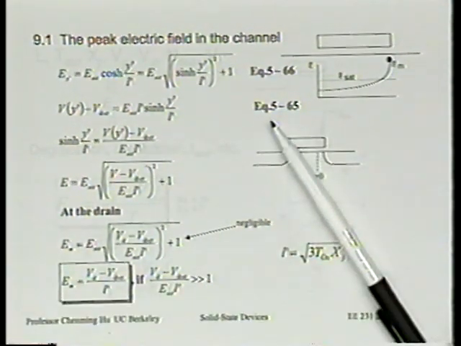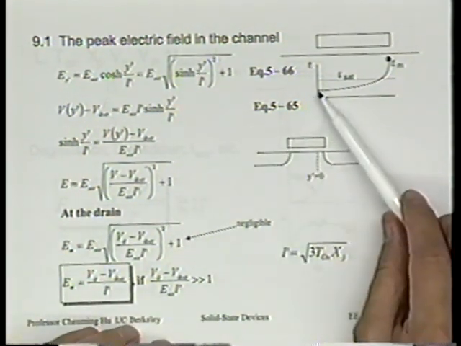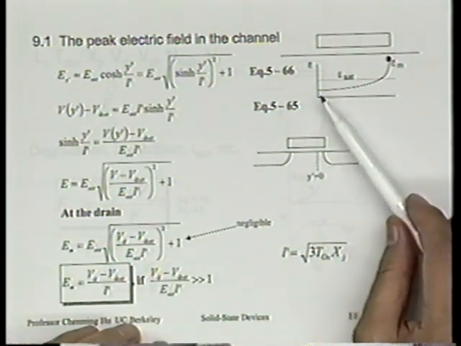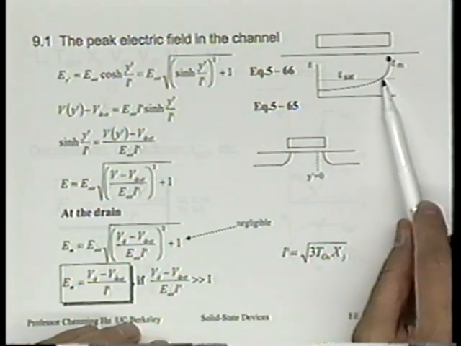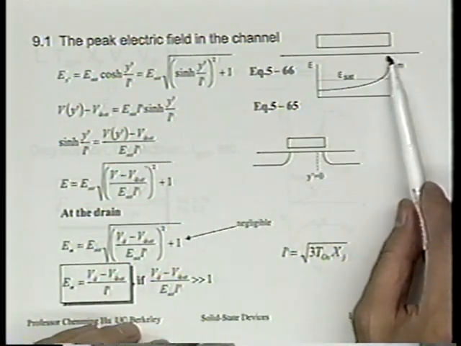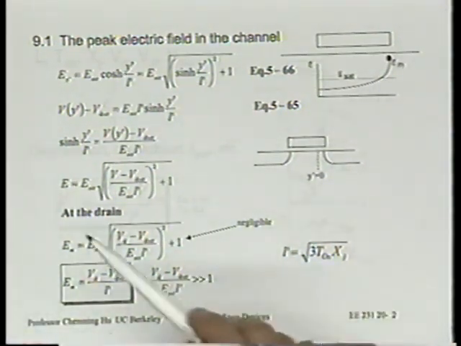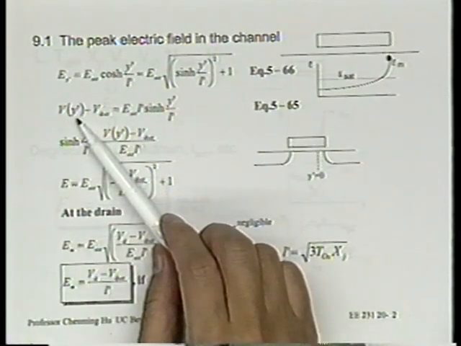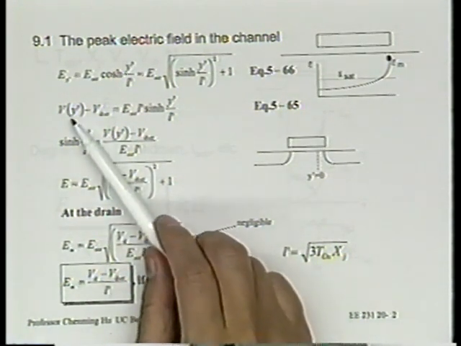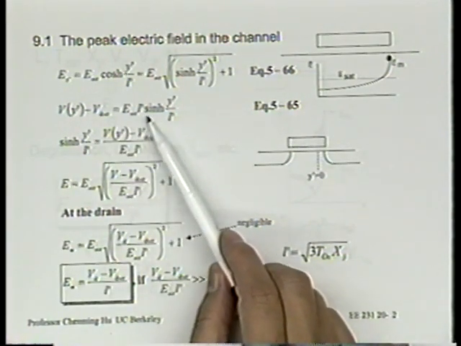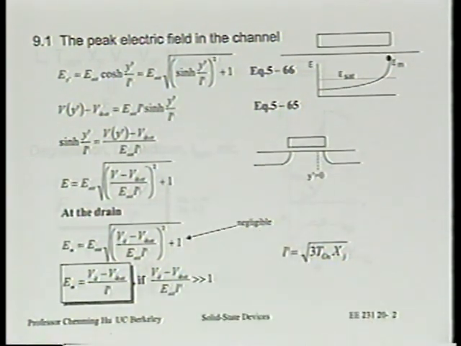This voltage potential rises in the pinch-off region from the beginning of the pinch-off region, let's say, kind of exponentially, or according to hyperbolic sine, until you reach VD at the beginning of the drain, and that equation is V minus VD sat is equal to E sat L prime hyperbolic sine y prime over L prime.